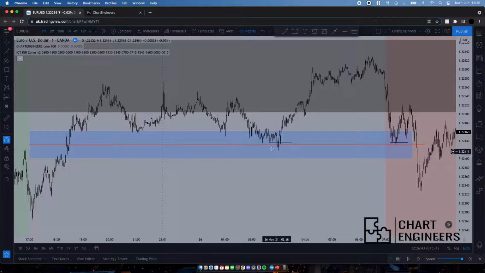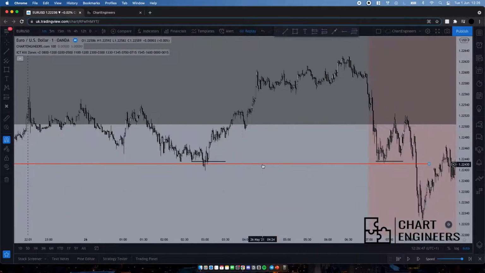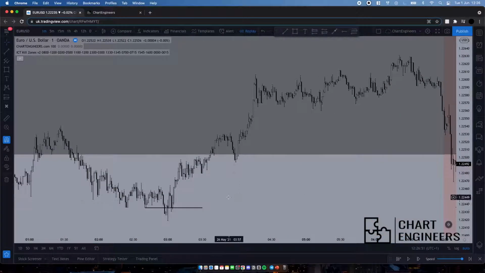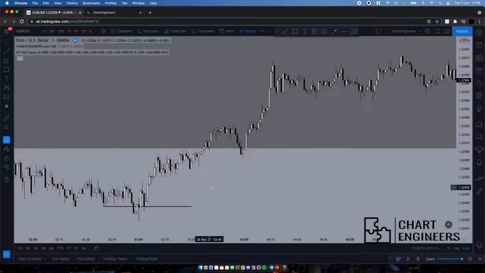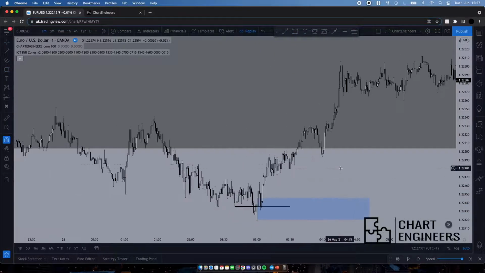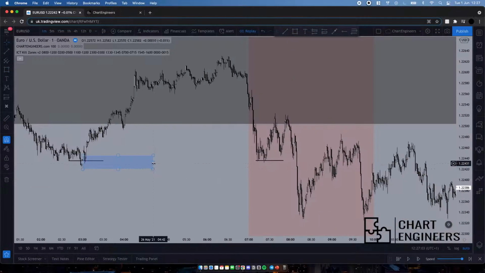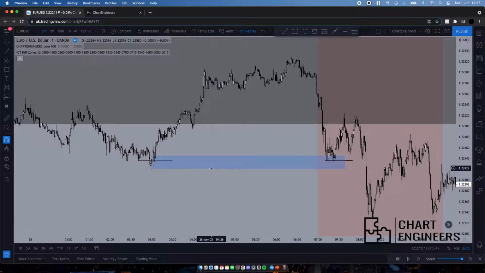So that tells me this FVG is filled, so I'll just get rid of it. And this gives me good confidence that the price wants to go higher. So here I used this candle as my raid candle, and you see that price came into it over here.